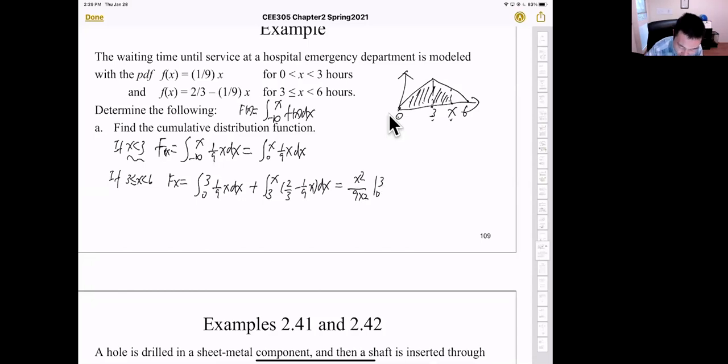For the first part, it becomes this. For the second part, it becomes 3 to x, and simplify that.